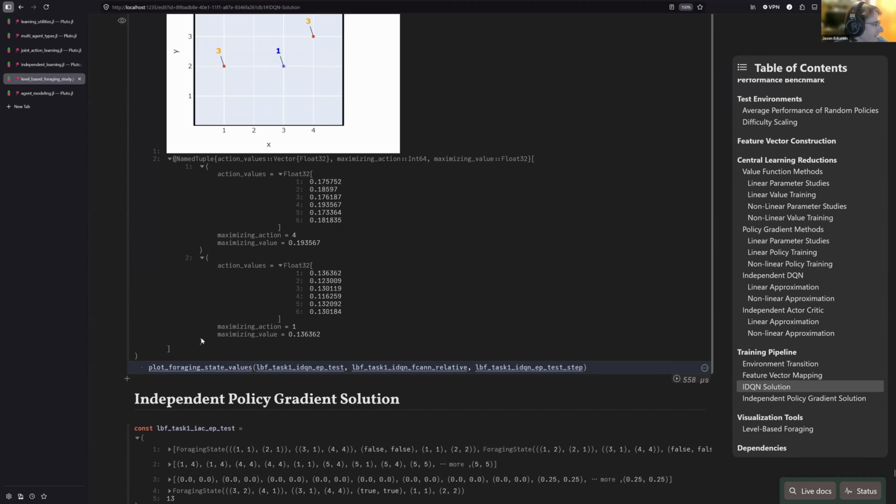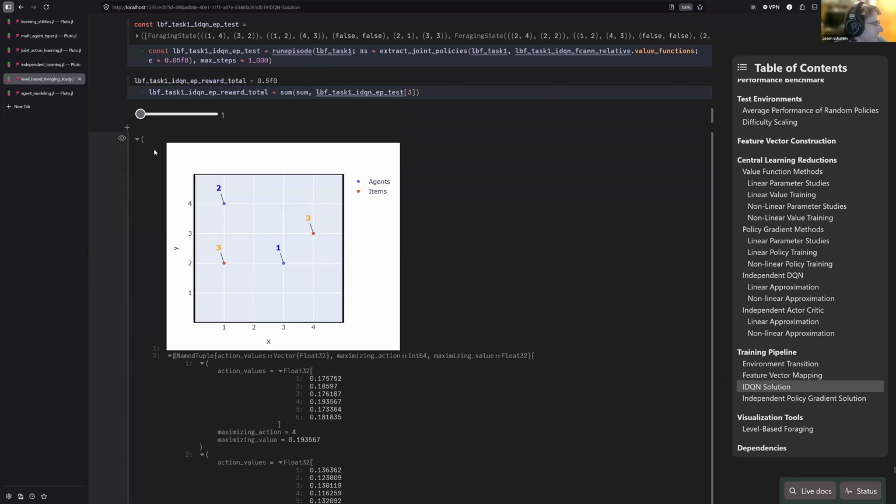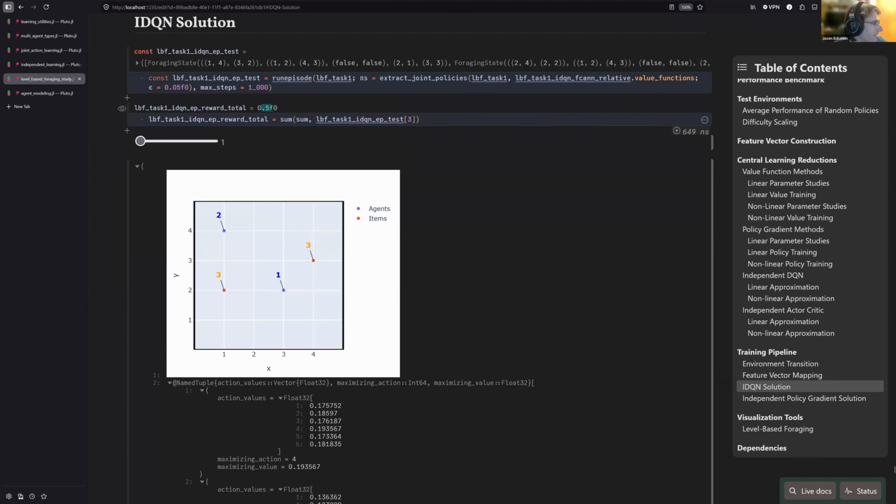So here we can see this value of 0.5 means that this had some success. We can see an example of what it does in this episode. And again, it doesn't have infinite time to do this. So the way the book does it is they just terminate the episode after 25 steps.